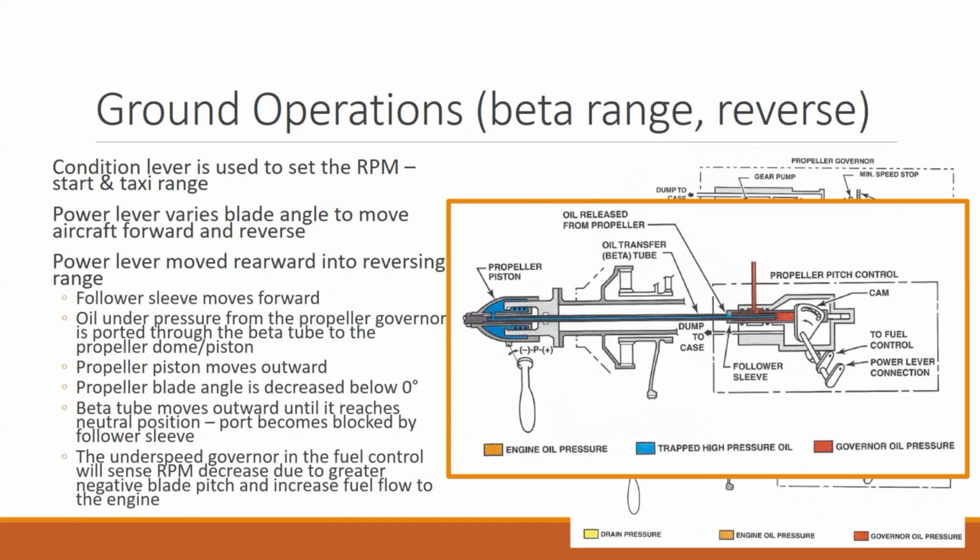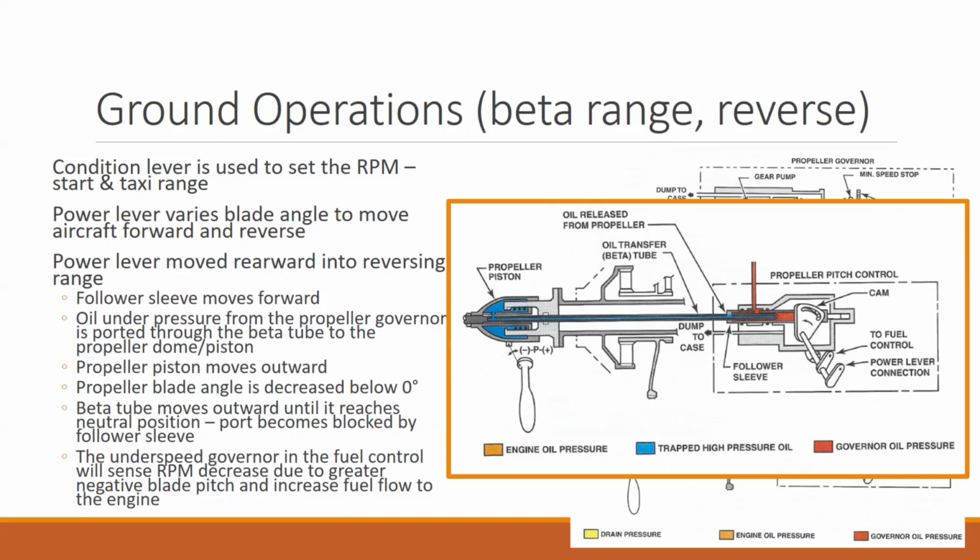So what's actually happening is, when we're at the zero blade position, that's about the least amount of resistance we're going to get to that prop spinning. So as we start to bring the blades into the reverse position, there's going to start to be resistance on them again. So the RPM is going to want to drop.